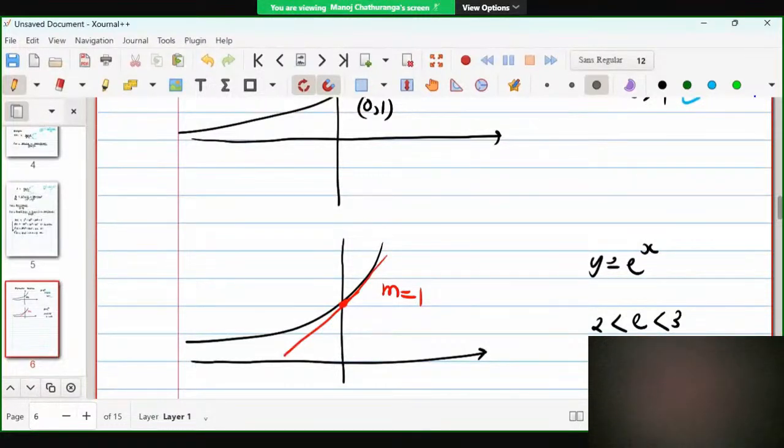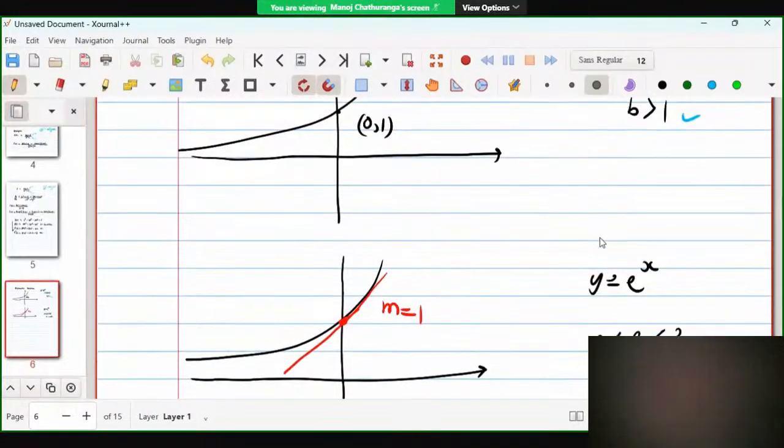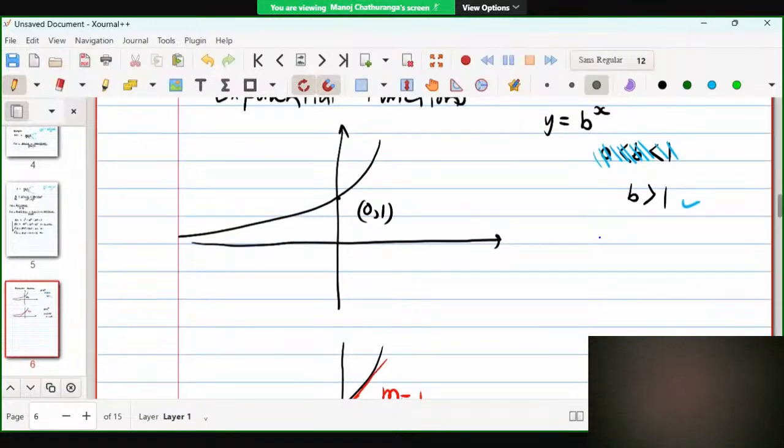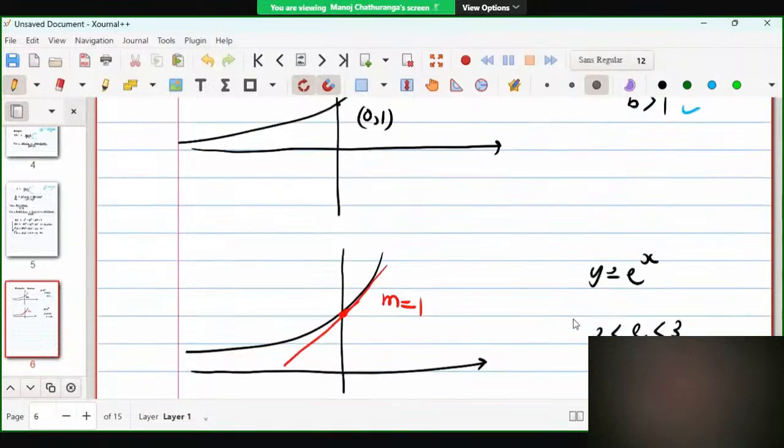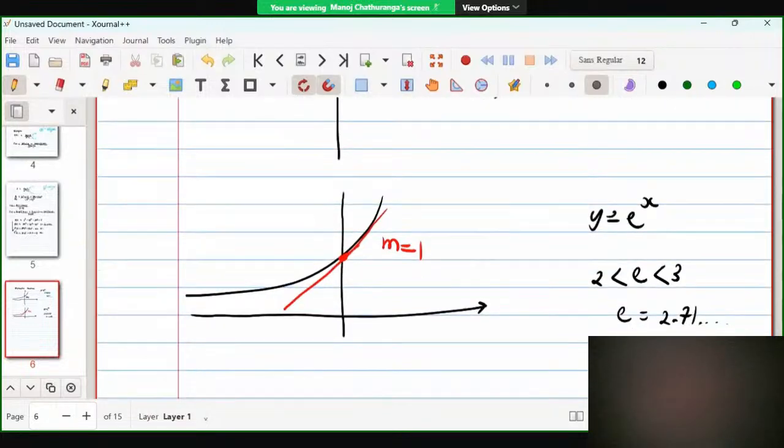For different bases, we get different slopes at the origin. All of these functions go through this special point 0, 1, but at that point, different b values give you different slopes. We choose this particular b value.